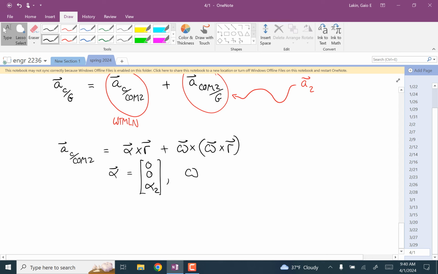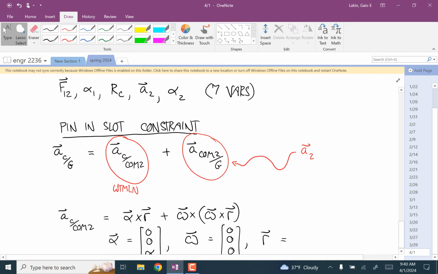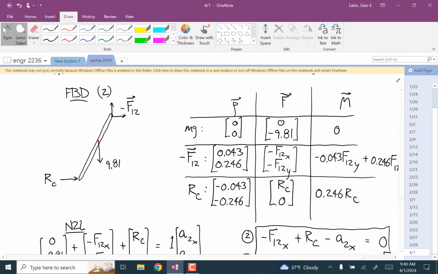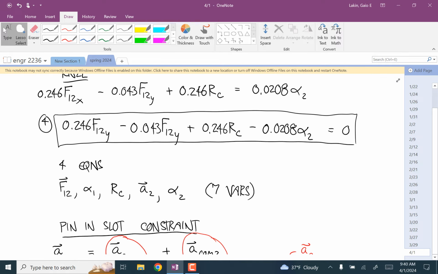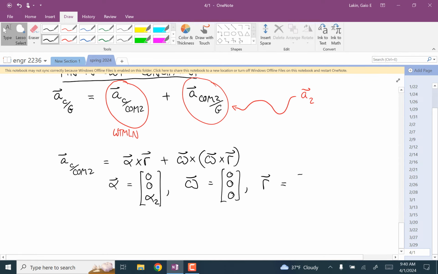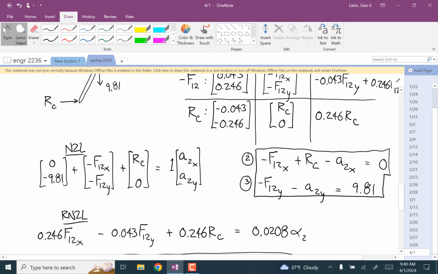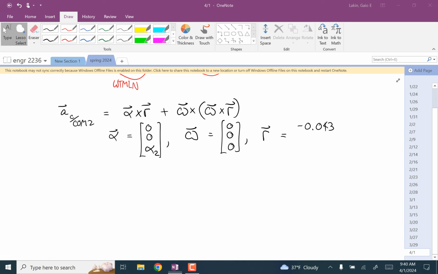Our omega is zeros. That was given at the start of the problem. And then our r is the vector from the center of the circular motion, that about point in the middle, the center of mass, to the point C. So that's negative 0.043 and then negative 0.246.